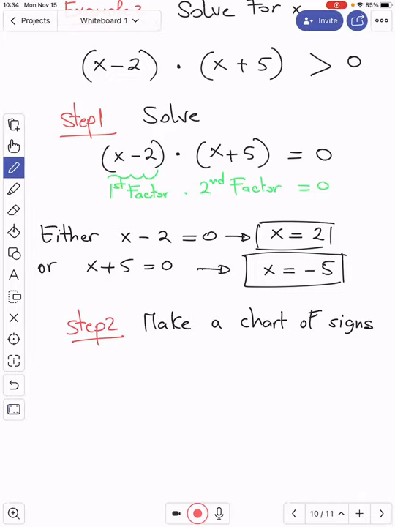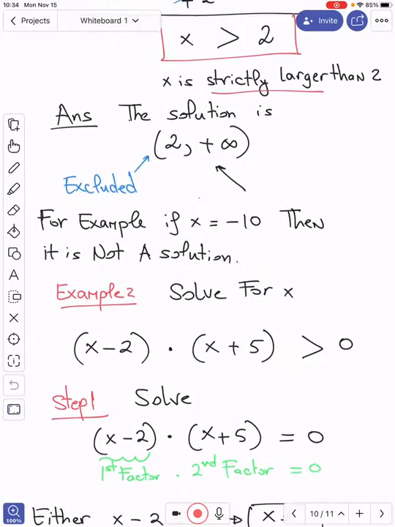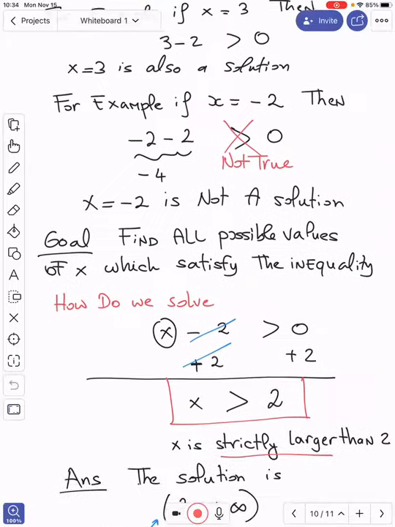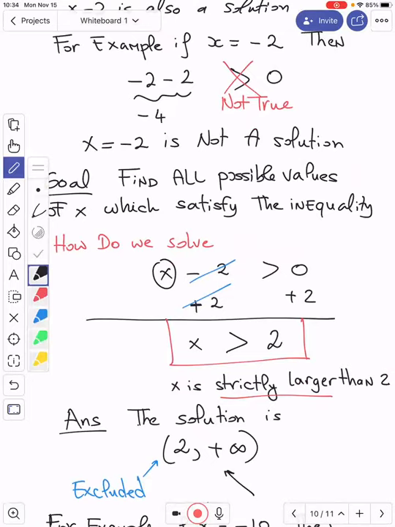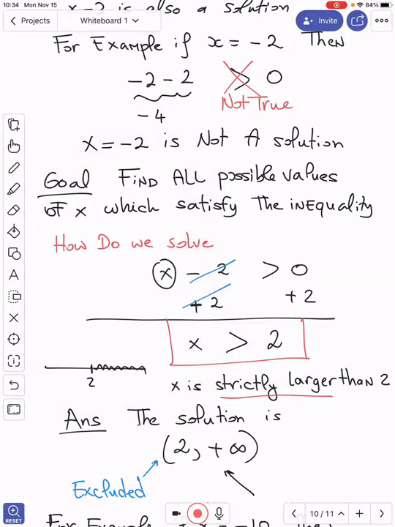All right. So again, I'm going to use my number line. And on this number line, I'm going to put my solutions, right? Remember, in the previous example with just x minus 2 larger than 0, to answer the question, I used my number line, I put my 2, and then we said x has to be larger than 2, right?